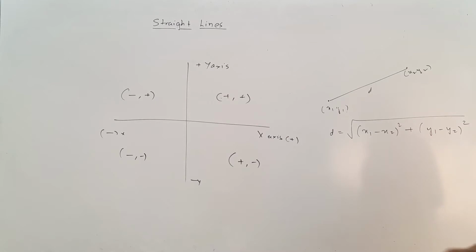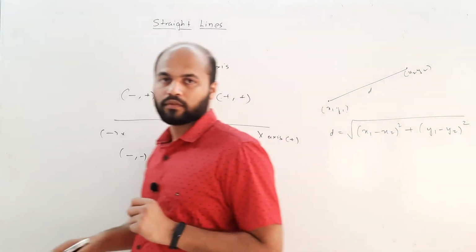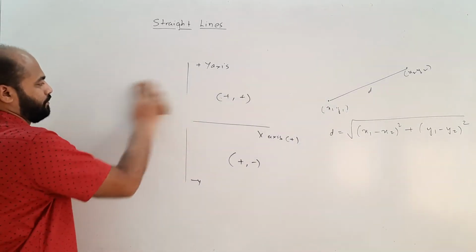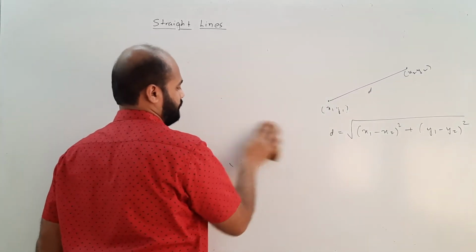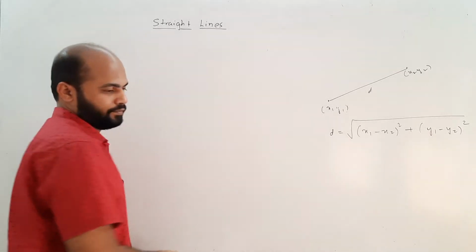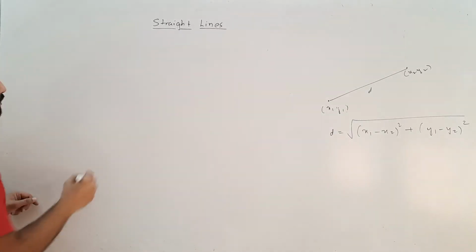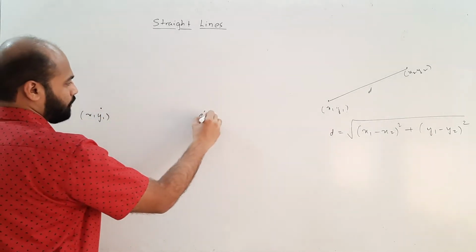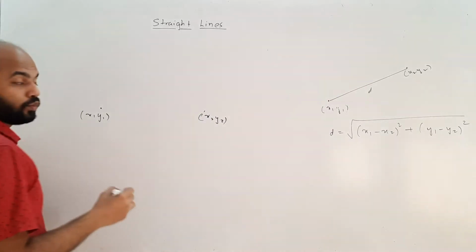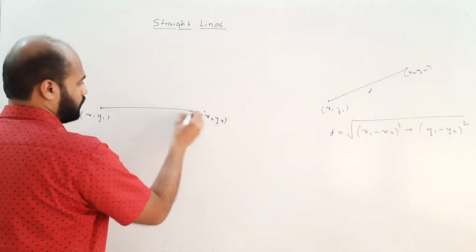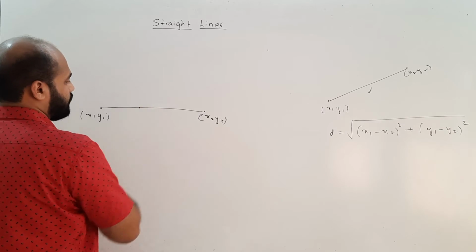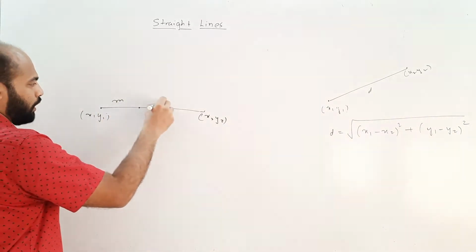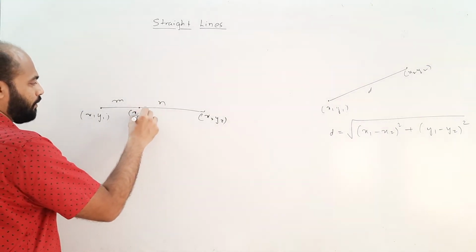Then we have also learned something called the section formula. Now we will learn this particular formula in detail. Let's say these are the 2 points, x1 y1 and x2 y2. Let's say there is a point which divides the line segment in the ratio m is to n, and let this point be x comma y.